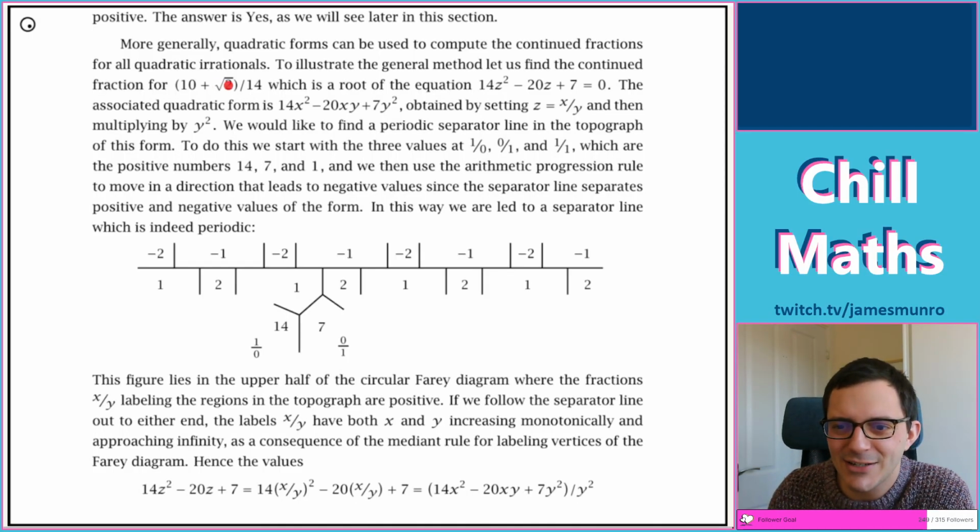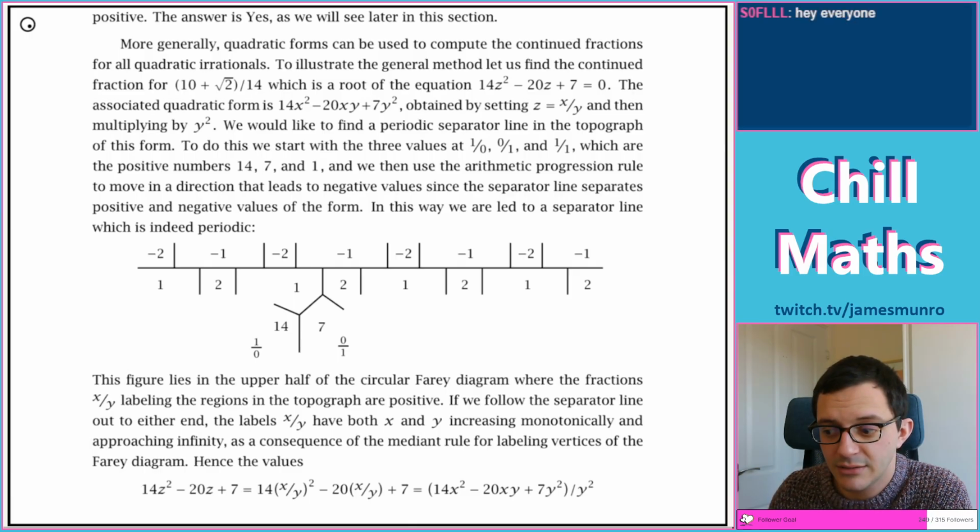Let's find the continued fraction for this, which is root of the equation of that. Right, okay, good. This phrase quadratic irrationals means irrational numbers that are roots of a quadratic. The associated quadratic form is this, fine, and then multiplied by y squared. We would like to find a periodic separated line in the topograph of this form. Oh, okay. So cool.